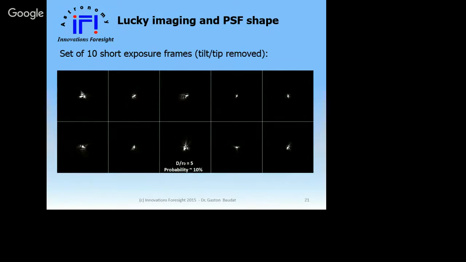Those are when D over r0 is 5. And you can typically see here the structure of the speckle coming from the seeing effect. And sometimes it's not that bad, but most of the time it's not very good. And if you want to compute any centroid on that, good luck.